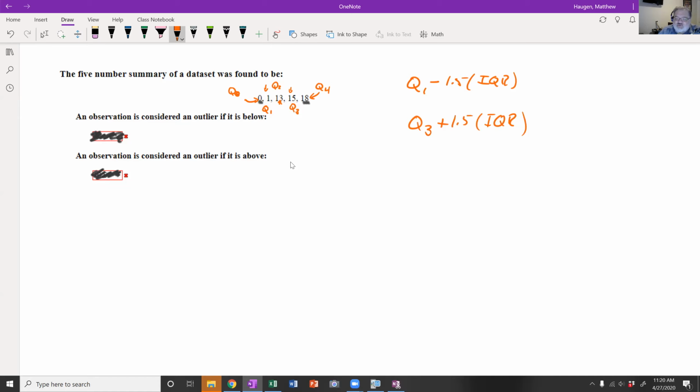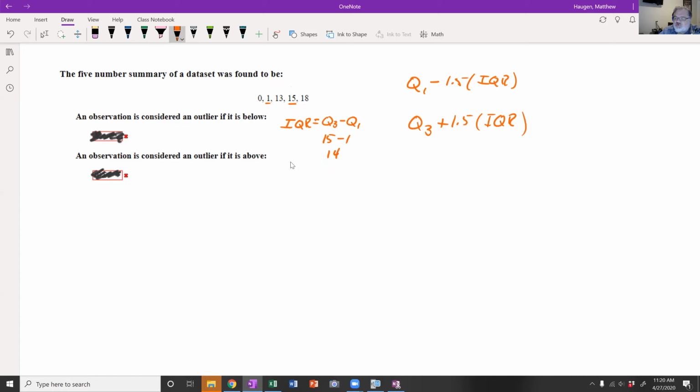And the nice thing is with the 5-number summary, we're given everything we need to find that. Because we have Q1 and Q3, we can find the interquartile range, which equals Q3 minus Q1, so 15 minus 1 is 14.